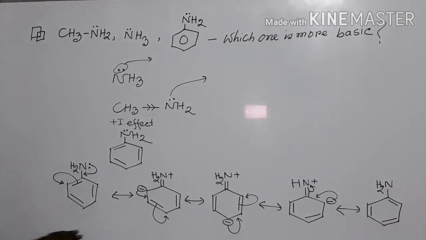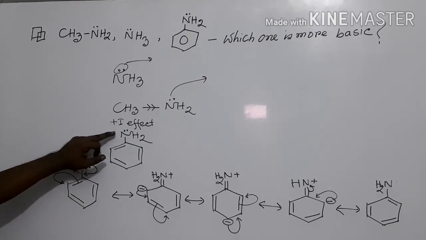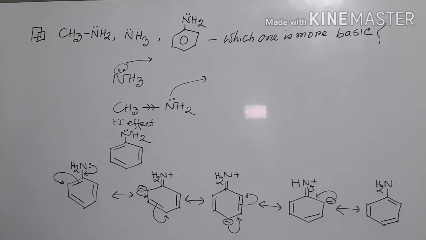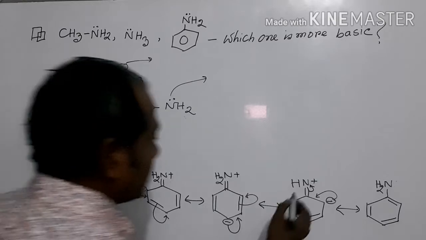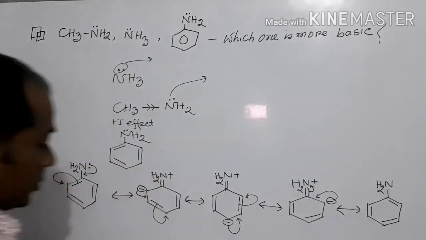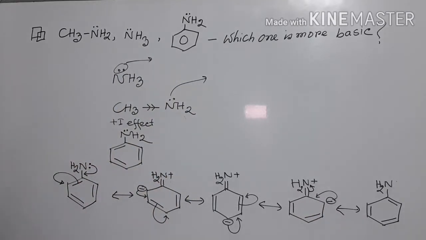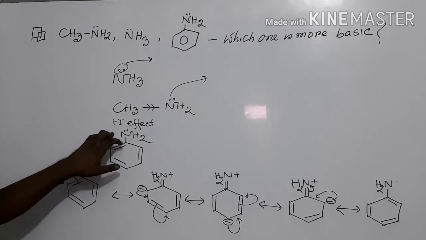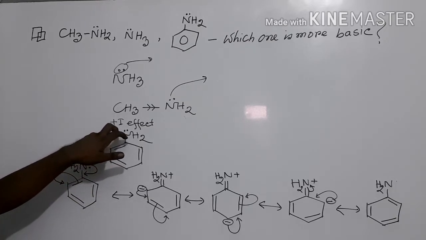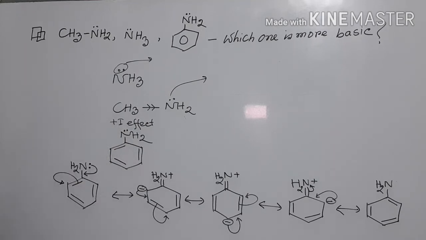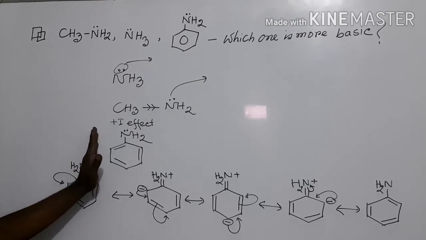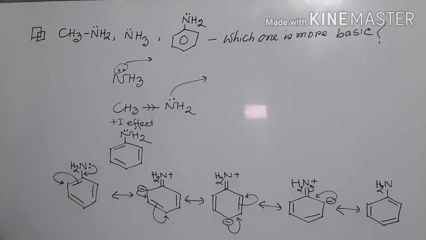If we see the resonance structure of aniline, then we can see that the lone pair of electrons is used in resonance, and that's why this lone pair will not be available for donation, and for that reason aniline is less basic.